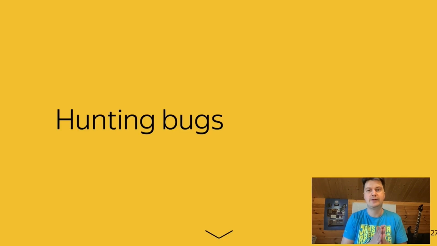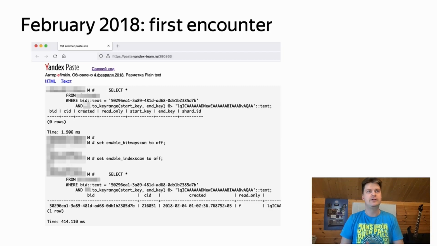And here is my story. I first encountered this problem in 2018. At some point, in one of our databases at Yandex, we found that an index was not seeing one row which was observed by a sequential scan.